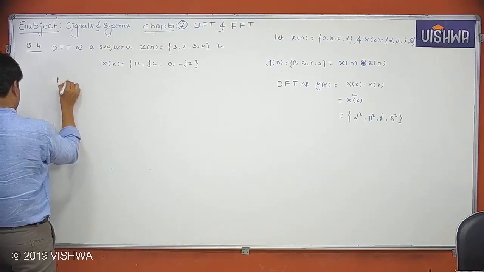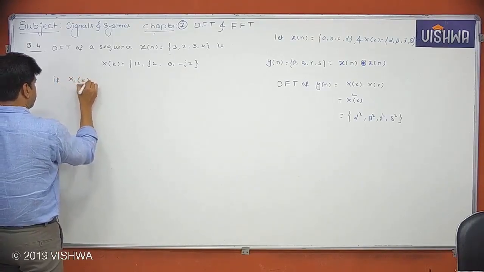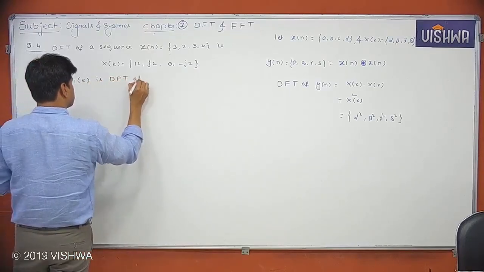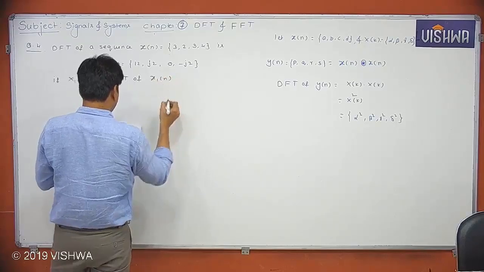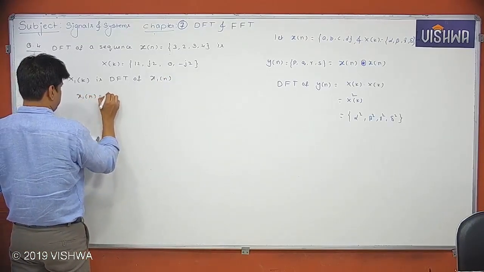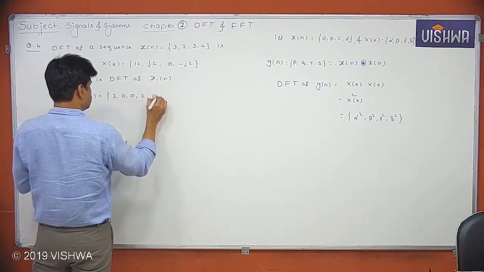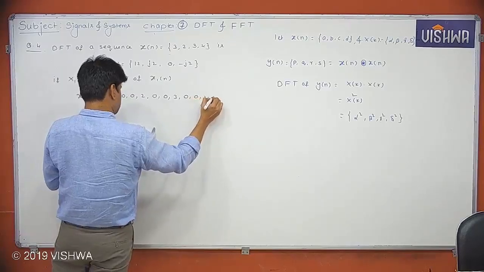If x1 of k is the DFT of x1 of n, where x1 of n is 3, 0, 0, 2, 0, 0, 3, 0, 0, 4, 0, 0.